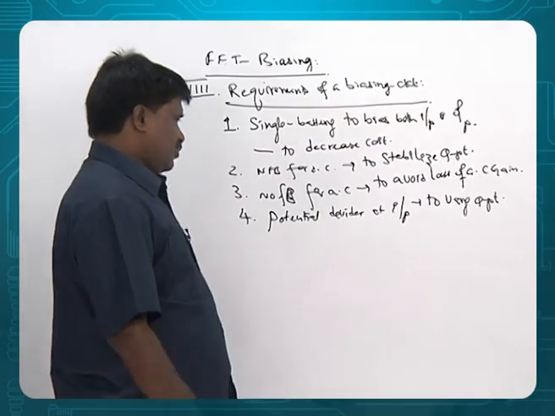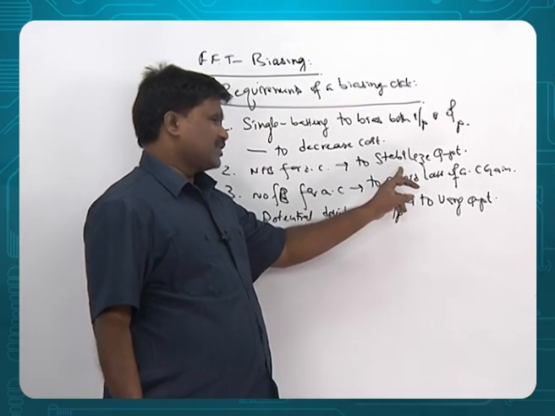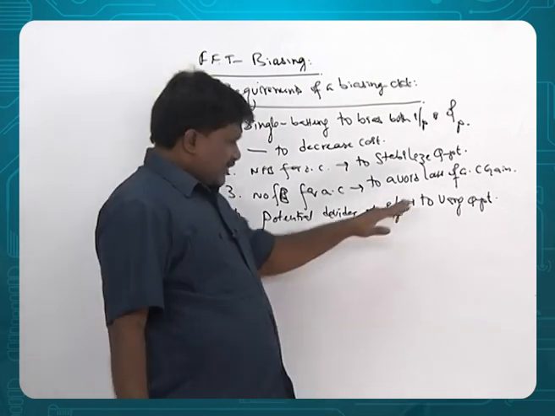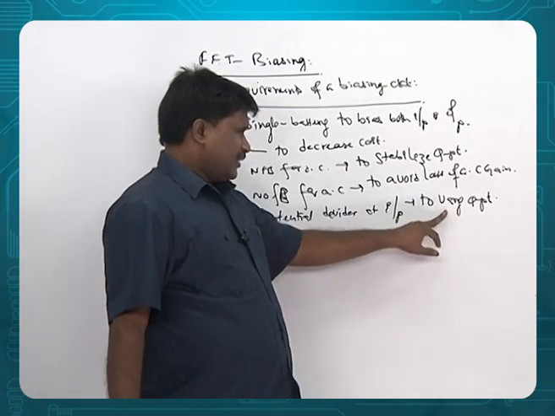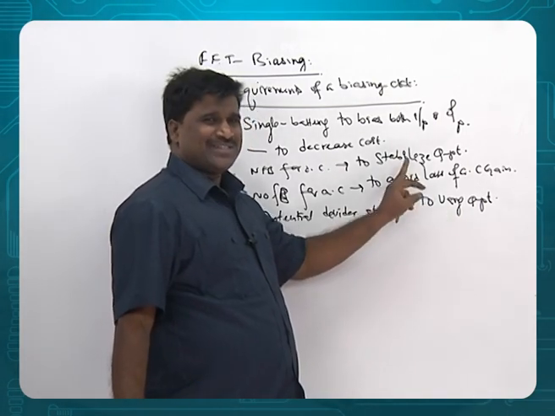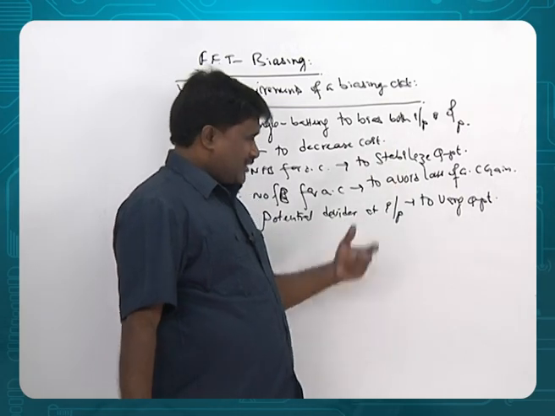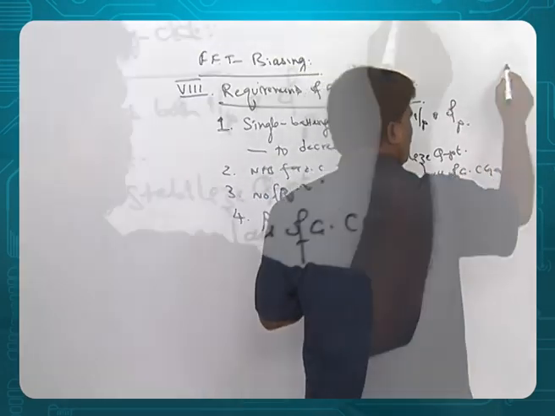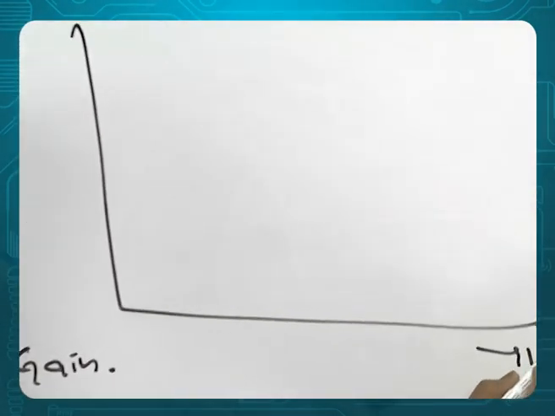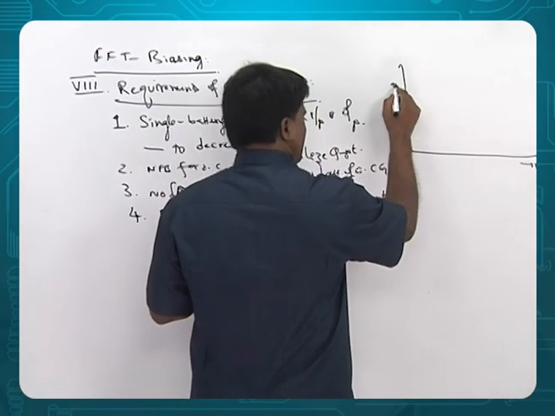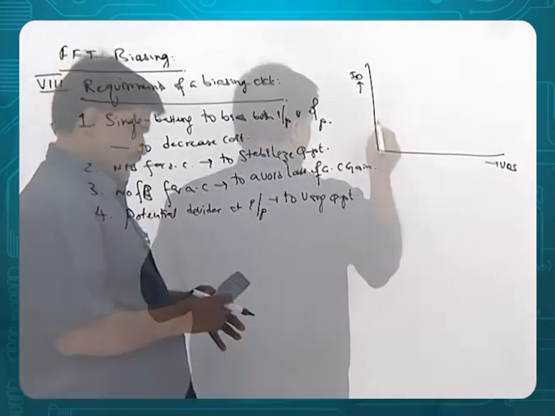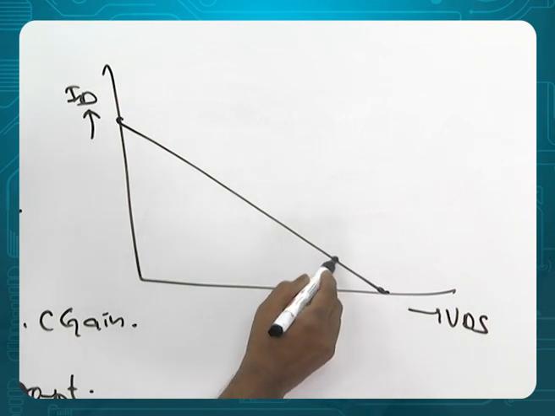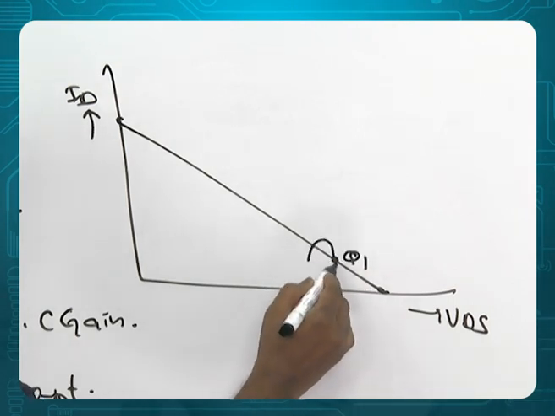Then you ask me, why should we vary Q point and then stabilize? Are they not contradicting? They are not contradicting. At every varied value of Q point, it must be stable, because I need to vary the Q point. For example, look at your characteristics, VDS versus ID. If you take your DC load line here, if you take Q point here, you will have small signal.